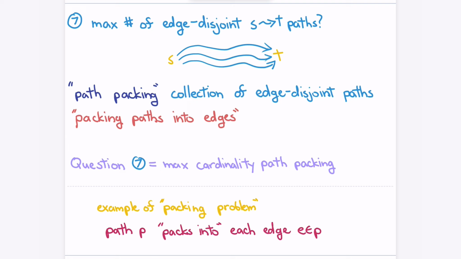I can only use each edge once, and a path from S to T uses up all the edges along the path. I think of those edges as containers and stuffing the path into the container. In general, you're trying to take as much as possible of something subject to size constraints. This is many size constraints, one constraint for every edge. It's like packing a suitcase.